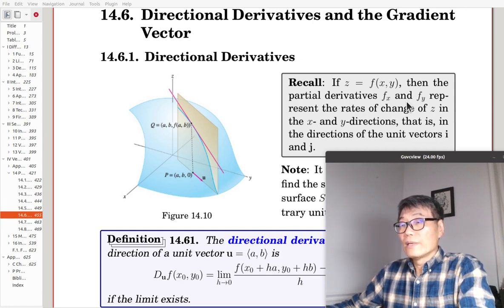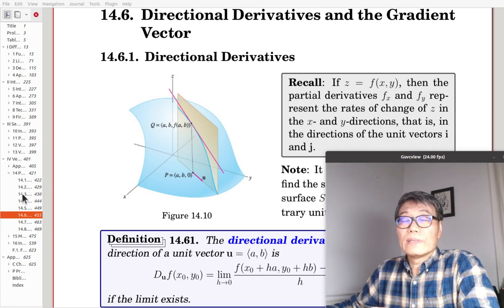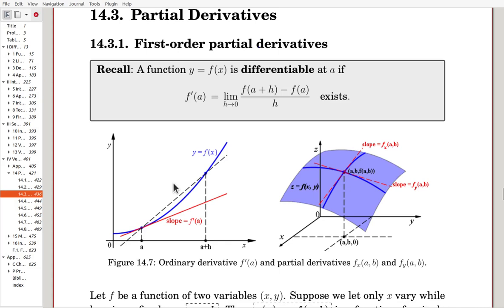How? We'll use techniques used for partial derivatives. Let's go back to section 14.3, partial derivatives. When we try to get f sub x, for example, we first considered a vertical plane passing the point parallel to the x-axis.